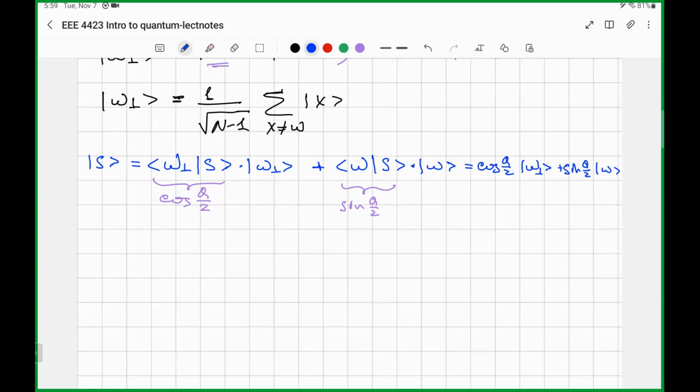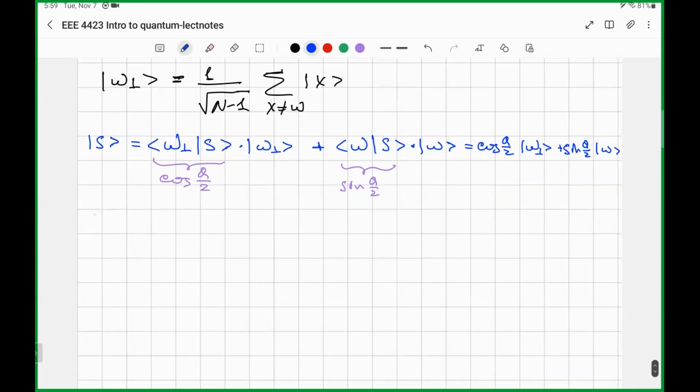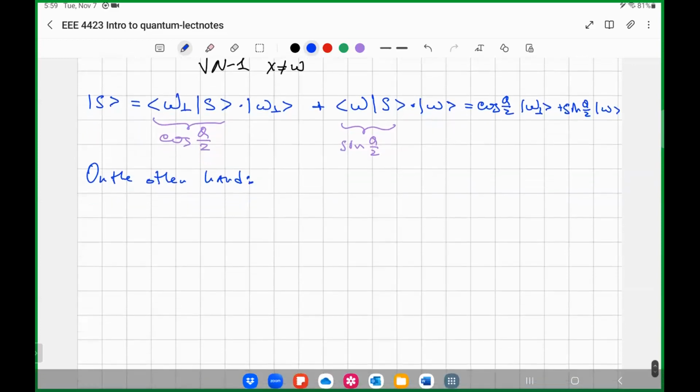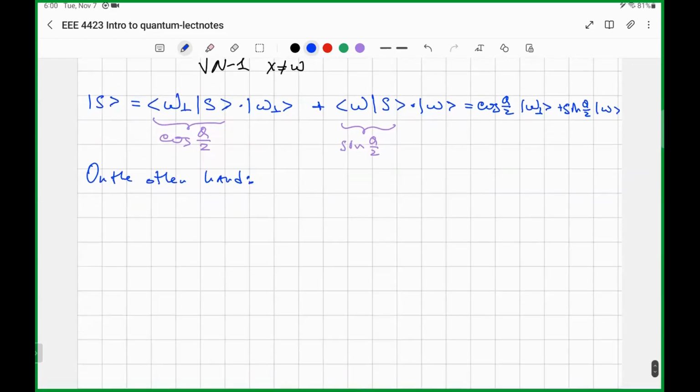Okay. On the other hand, we can calculate this sine and cosine by writing the projections in an explicit form.